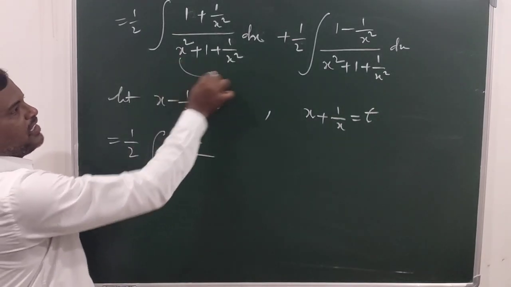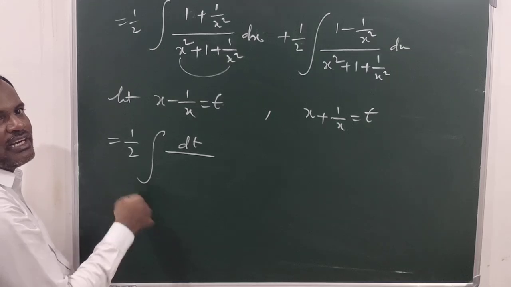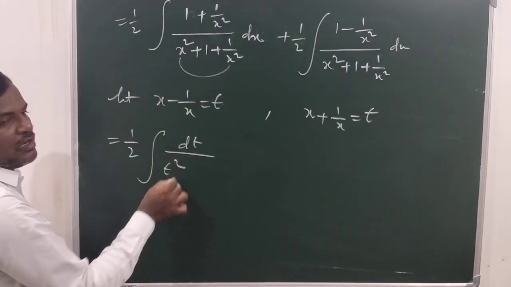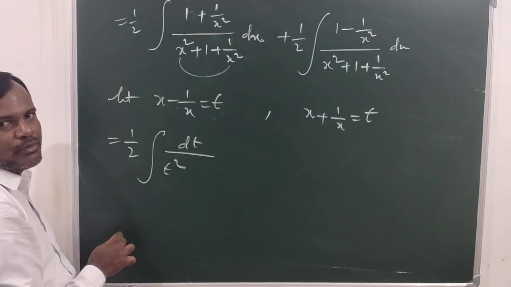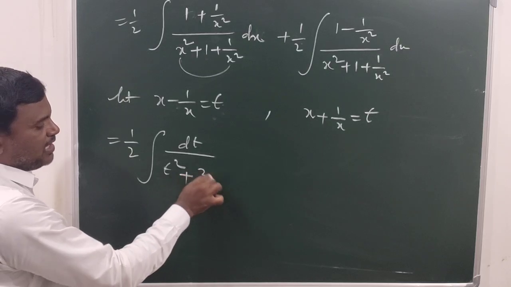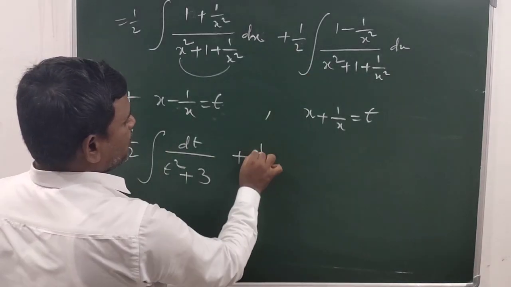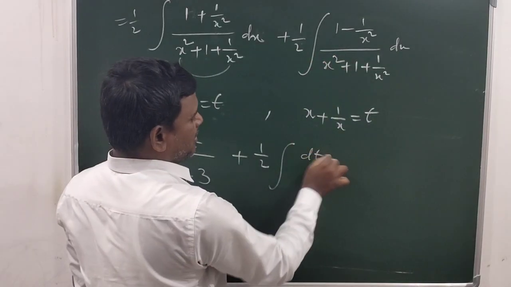So in the place of x square plus 1 by x square, what do you write? t square plus 2. t square plus 2, here already 1 is there. 2 plus 1, which becomes 3. So here this one also 1 by 2. The numerator part will become dt.